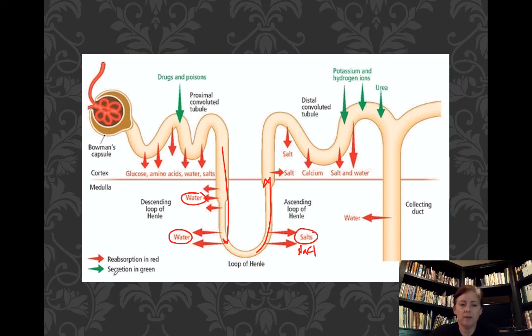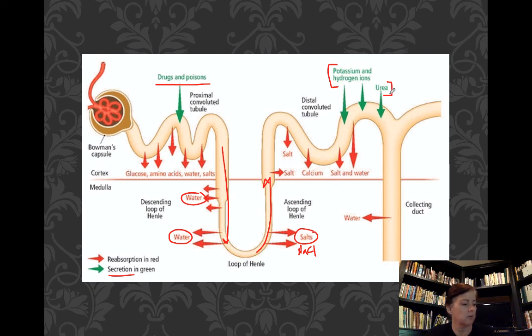Now on the flip side of things, we can secrete substances. So for instance, drugs and poisons, excess ions that we no longer need, urea and other metabolic waste products that we actually want to get rid of. We're going to move those from our bloodstream into the tubule so that we can secrete them.